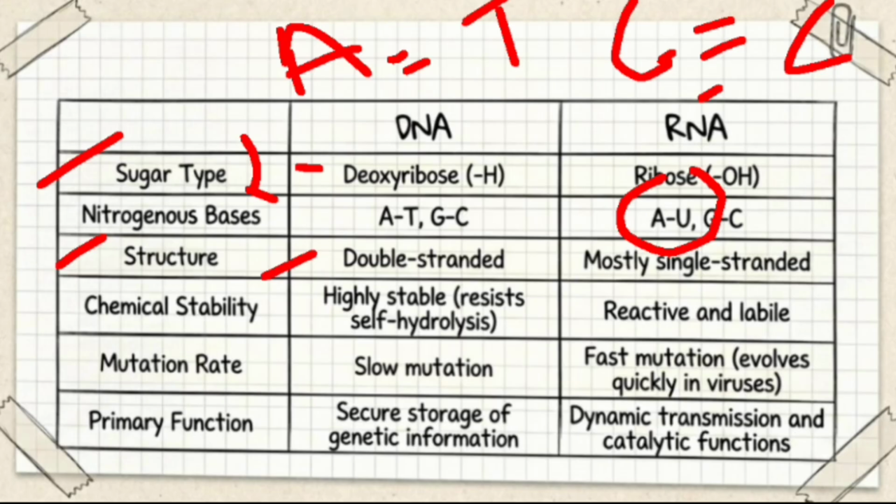Chemically stable: DNA is highly stable and RNA is less stable, more reactive. Mutation rate: DNA mutates slowly but RNA mutates fast. Primary function: what is the primary function of DNA? DNA's primary function is storage of genetic information, but RNA's functions are different. It can be a catalyst, it can help in protein synthesis, it can be a genetic material.